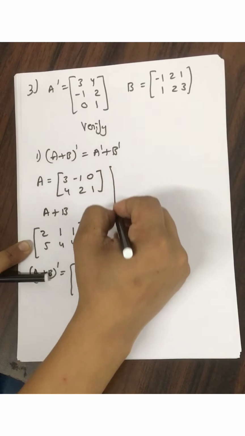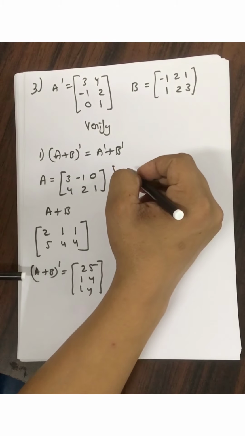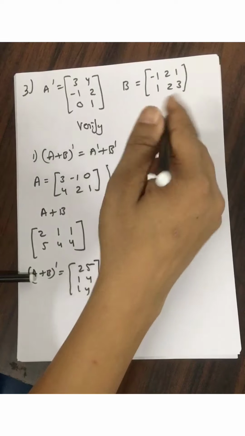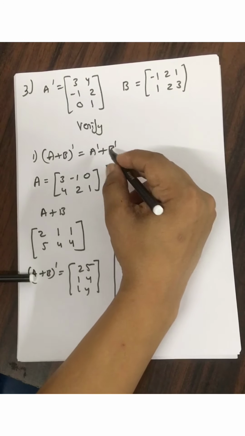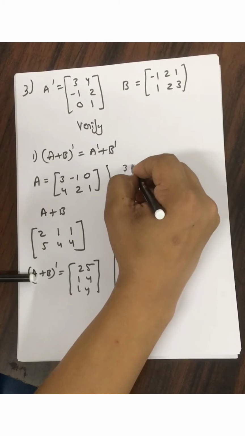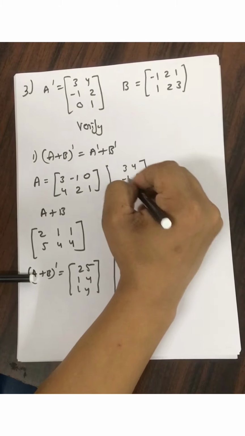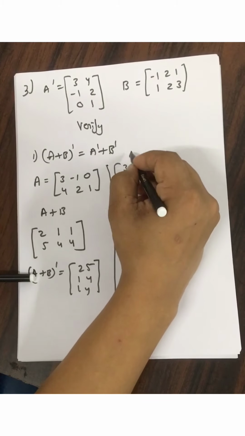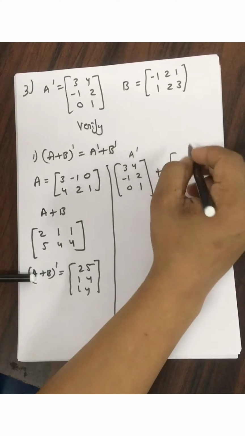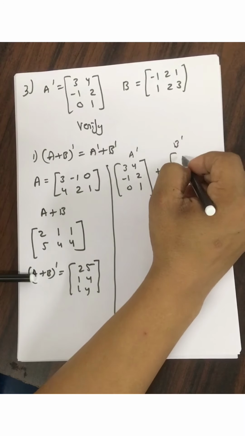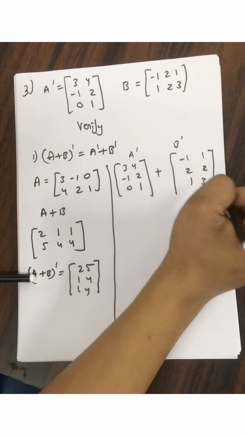now let's find out right hand side. What is right hand side? Let's try to explore. Right hand side is A transpose, this is already given, see, 3 4 minus 1 2 0 1, plus B transpose, minus 1 1 2 2 1 3, how much is that?